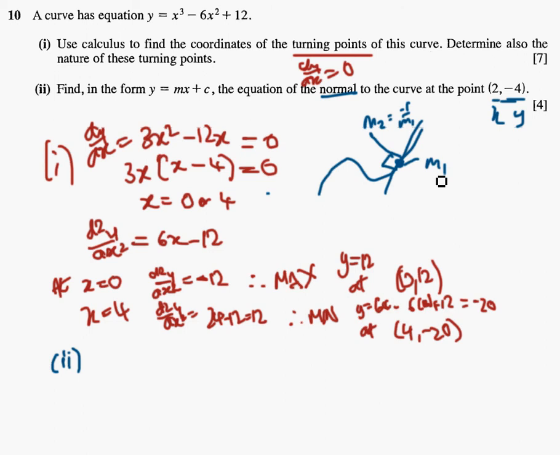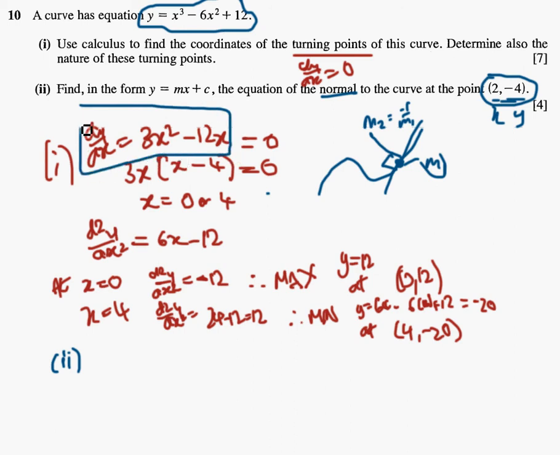So to work out m1, the gradient of the curve at this point, we need to work out what the gradient is at the point (2, minus 4) on this original curve. How do we work out the gradient at a point on the curve? Well, we go back to our dy by dx, which is 3x squared minus 12x.